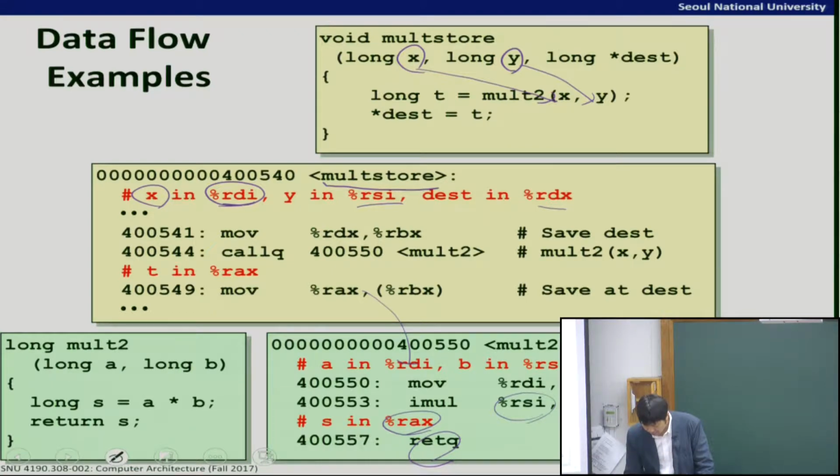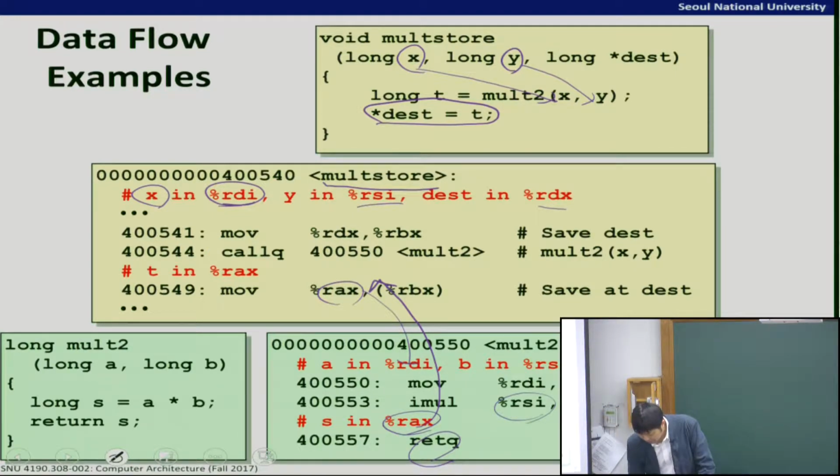So what happens after you come back from the function? Now you have to execute this code. Because you already received the value of T using the RAX register, what you do is move the value of T to the memory location pointed to by the RBX register.